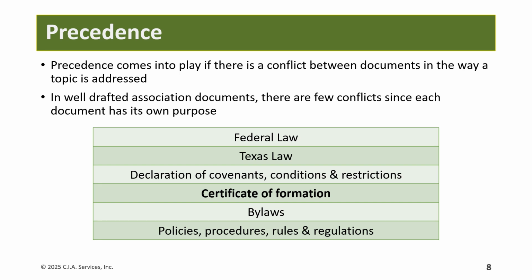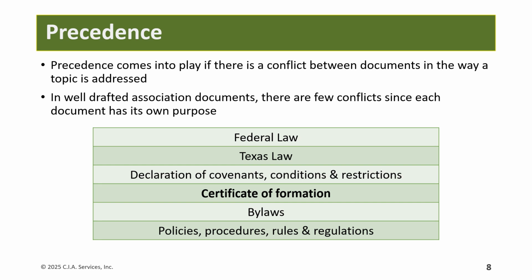So for example, if you want to deal with an owner's obligation to maintain their home, you'd put that in the declaration, not in the certificate of formation. If you want to deal with voting, that goes in the bylaws, not in policies or procedures.